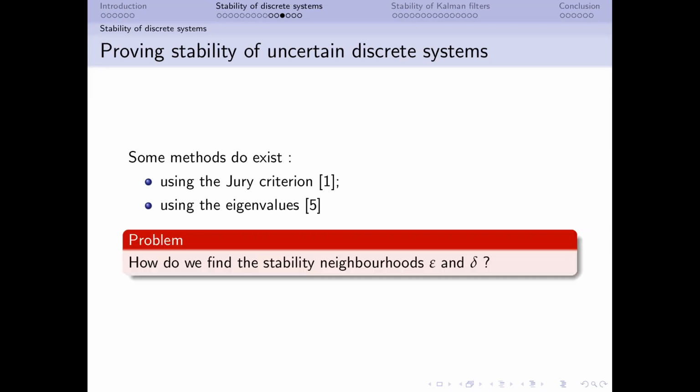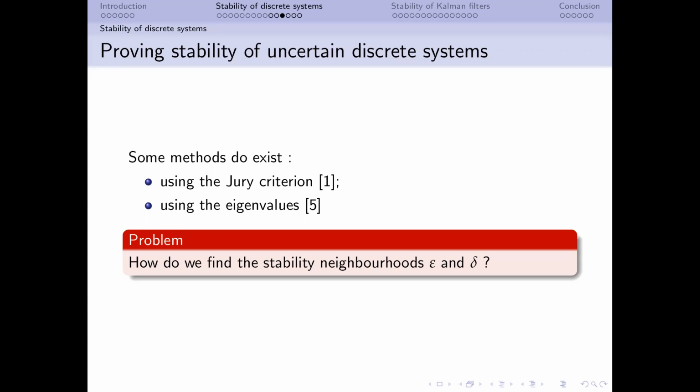Unfortunately, these do not provide the designer of the robot with stability neighborhoods delta and epsilons I've been talking about earlier. And these neighborhoods are very important for a designer, because the designer of the robot wants to know that if he or she launches the robot in the water, the robot will actually be able to dock back on its docking station.